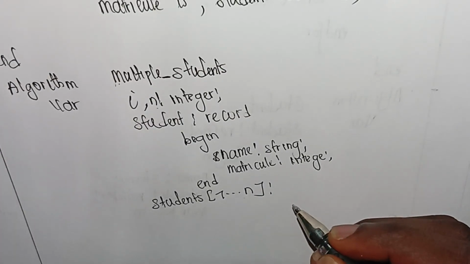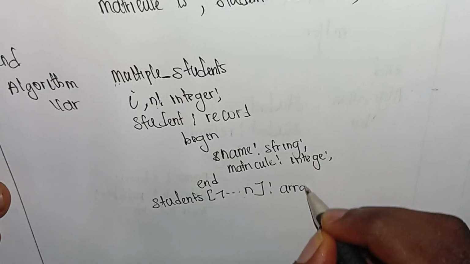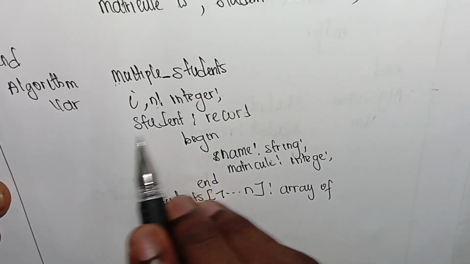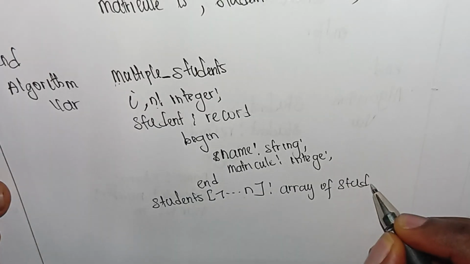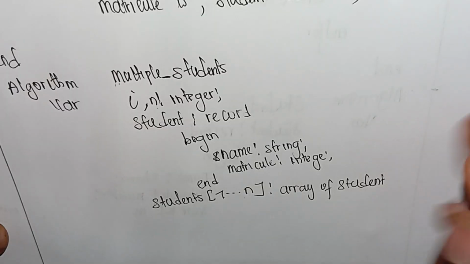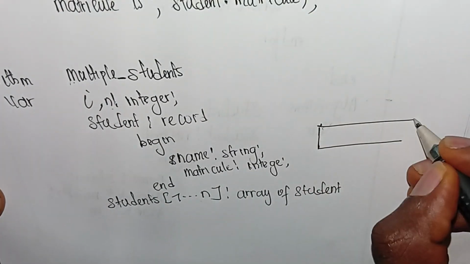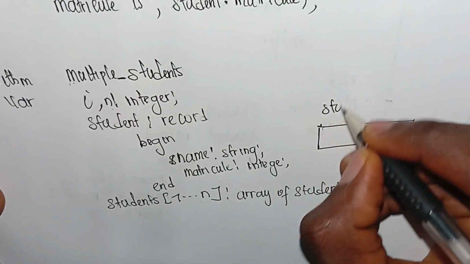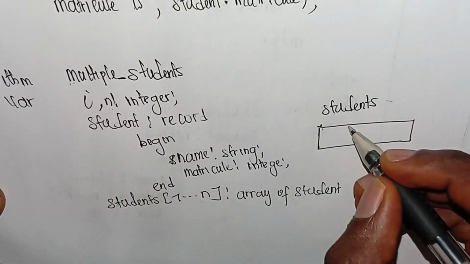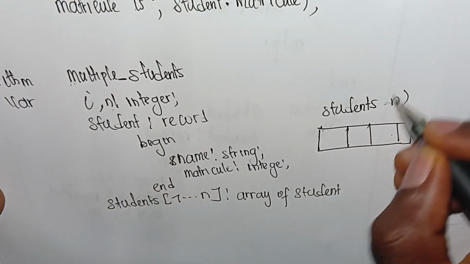So now array of data type student. This is how it would look. This is an array called students, with an S, and inside this array we can have n records.